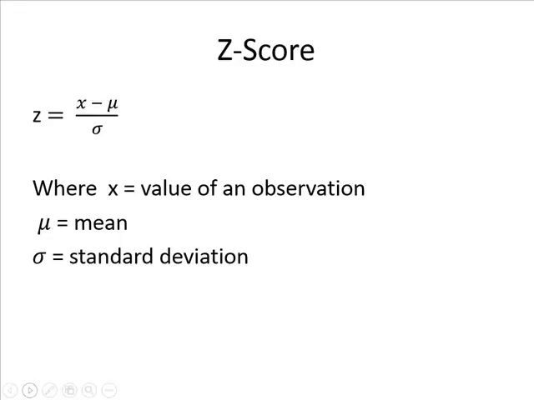Which was 160. All right, so if we're going to use the Einstein information, Einstein's IQ was 160. Subtract that from the mean. What is the mean IQ score? We think it's 100. We were told it's 100.